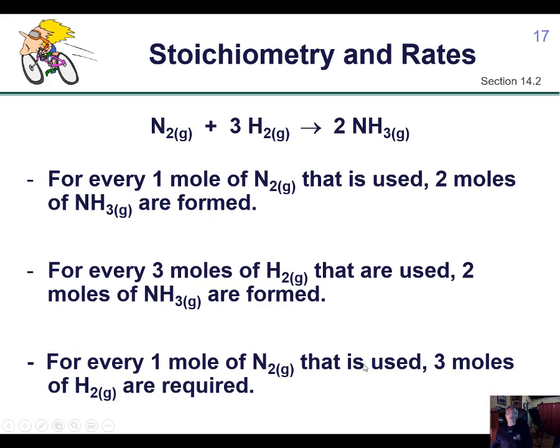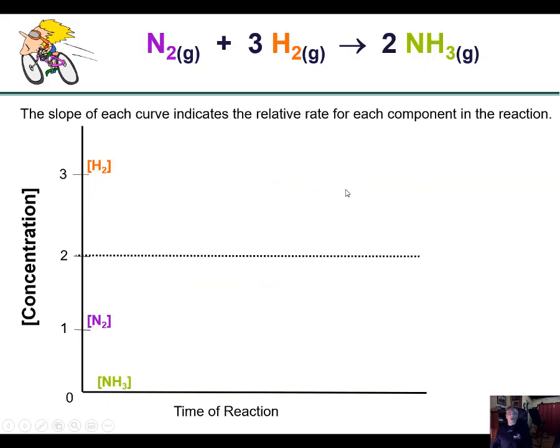All right, so how do we use this when we're doing kinetics, when we're trying to establish the relative rates of disappearance of our reactants and appearance of our products? We introduced you last time to graphs and how the slope of the graphs will give you an indication of the rate, whether it's a fast rate, whether it's a slow rate, and when those rates gradually, asymptotically approach zero.